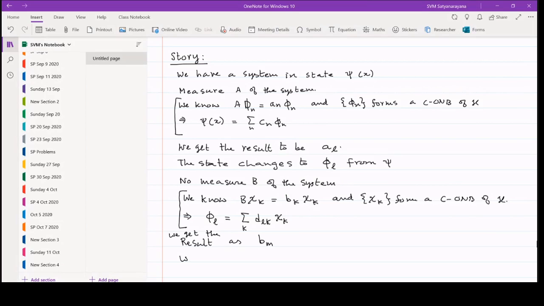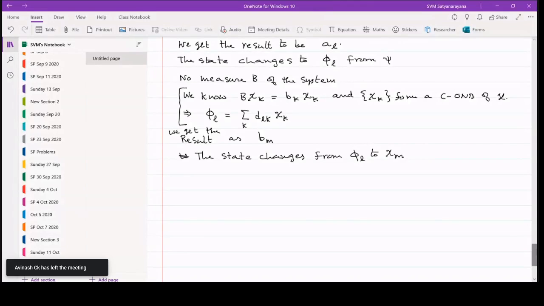Then what is the state? The state changes from phi L to chi m. Now the state is chi m.